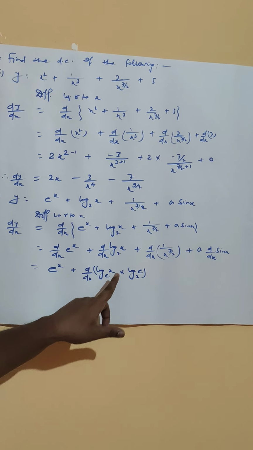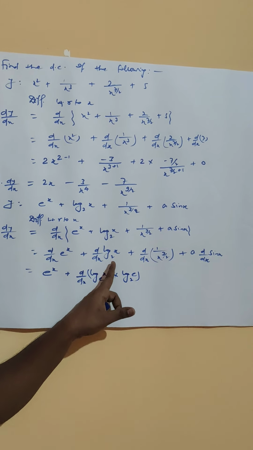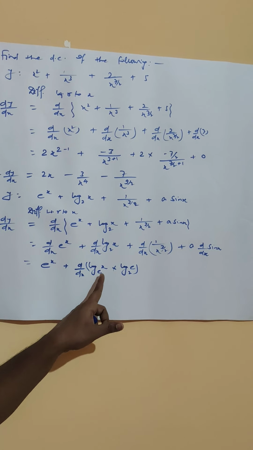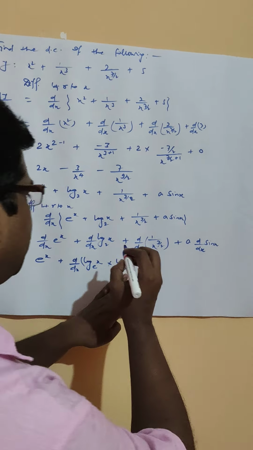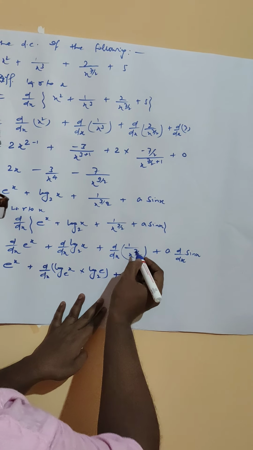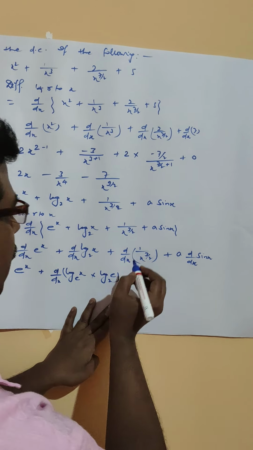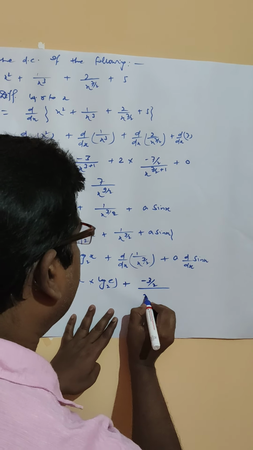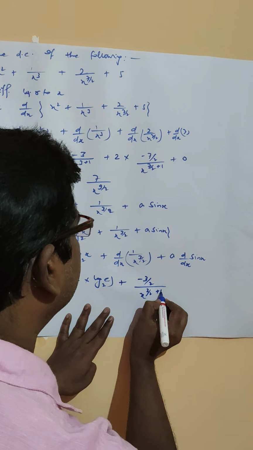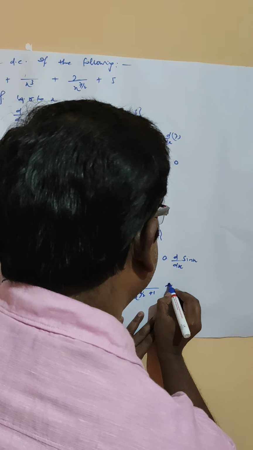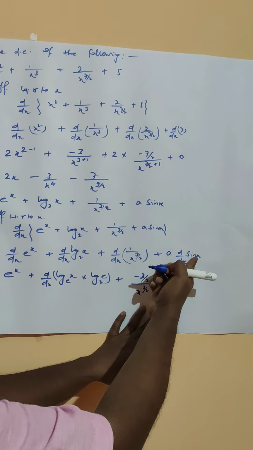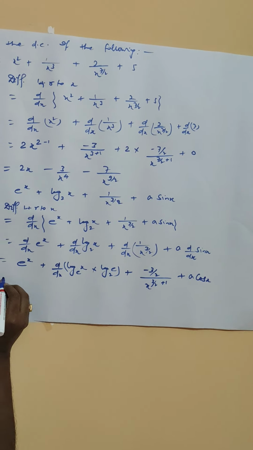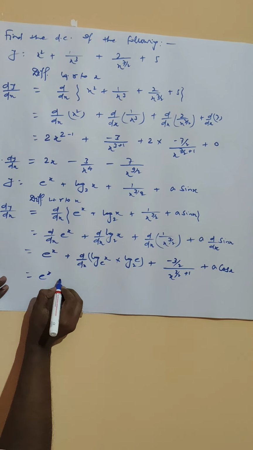We convert into e, and then we can differentiate and use the result. Here this is 1 by x raised to n, so minus 3 by 2 x raised to 3 by 2 plus 1. A is a constant, the derivative of sin x is cos x.